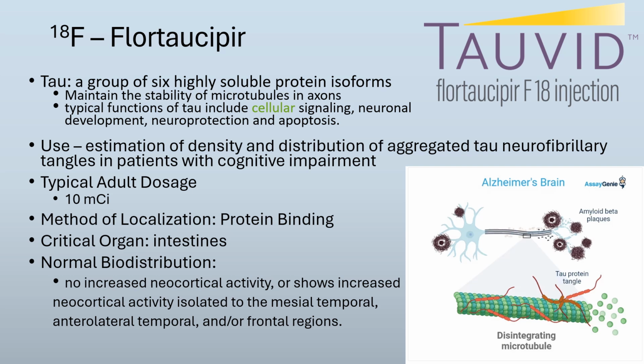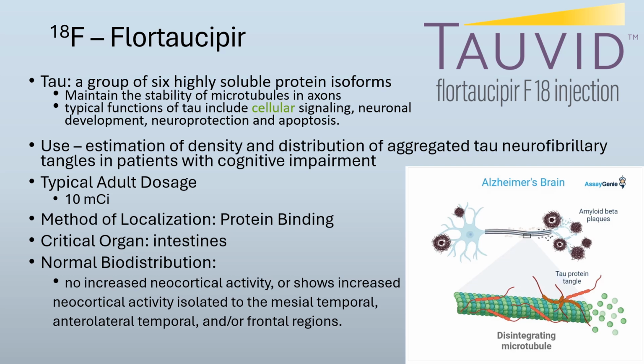Typical functions of tau include cellular signaling, neuronal development, neuroprotection, and apoptosis within the cell. And so the use of Tauvid imaging is for the estimation of density and distribution of the aggregated tau neurofibrillary tangles in patients with cognitive impairment.